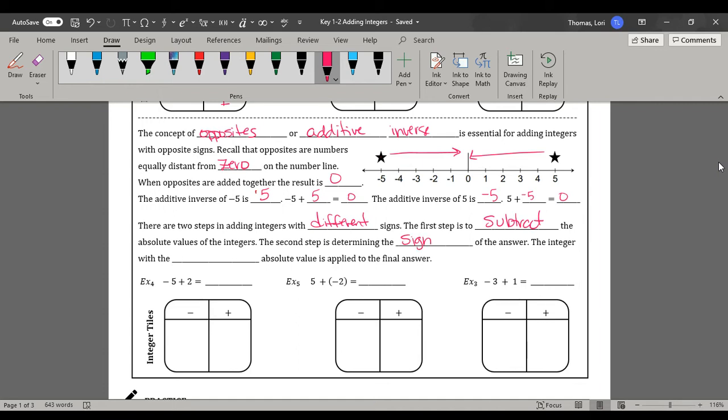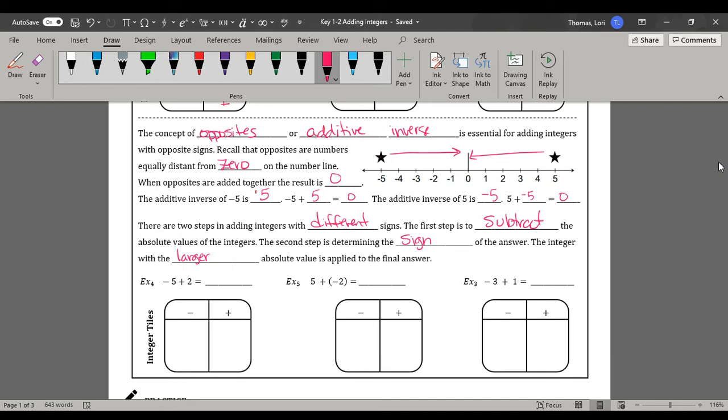So if we're adding a negative and positive, we have to see which sign we're going to apply. The integer with the larger absolute value, that sign is applied to the final answer.